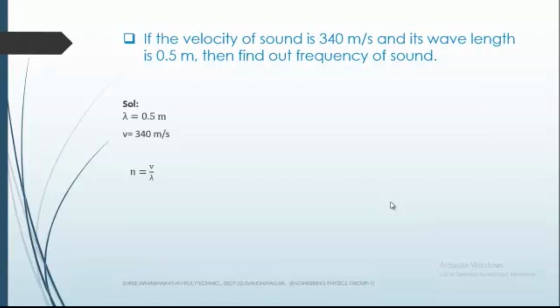Now put the value of V. The value of V is equal to 340 meter per second and lambda. What is lambda? Lambda is a wavelength, 0.5 meter. Value 340 divided by 0.5.